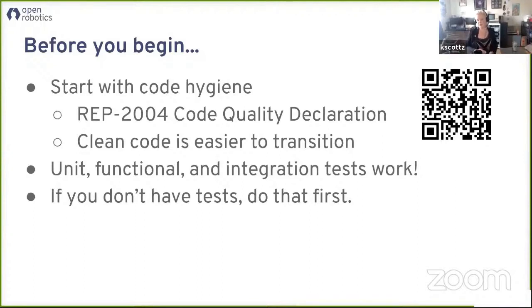And the reason I think it's really important to think about code quality before you begin transition is that clean, well-tested code is much, much easier to transition. It's a lot easier to say, if I'm going from Kinetic to Melodic, you do your nominal upgrade, run your unit, functional, and integration tests, and if everything passes, maybe it was a very, very easy transition. And all of this to say, if you don't have unit tests, you really ought to spend the time doing that first.